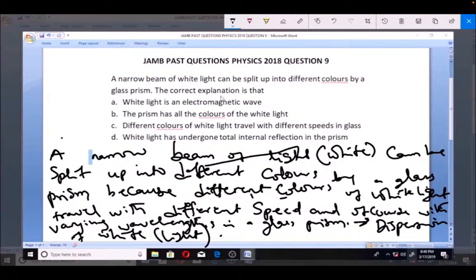And this happens because the different colors in this white light travel with different speeds and, of course, varying wavelengths. So you can see that the answer from the options is option C, because it is written that different colors of white light travel with different speeds in glass. So that is the answer to this, and it is known as dispersion of white light. Thank you.